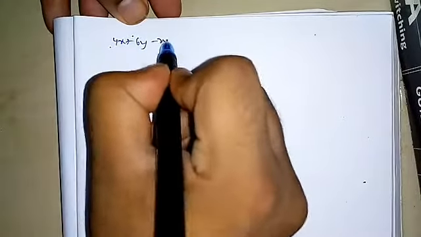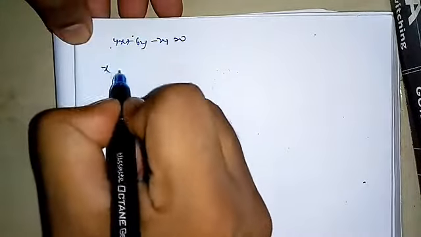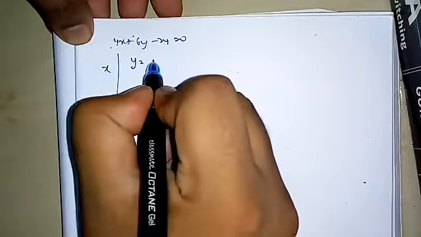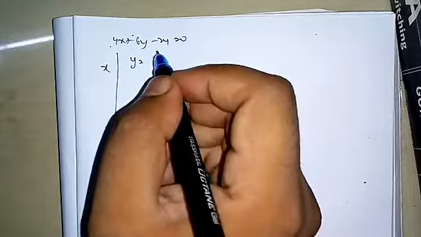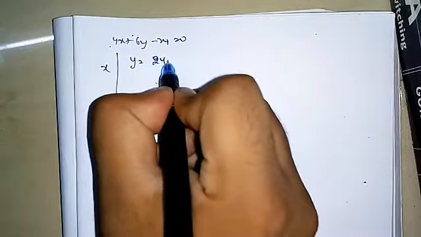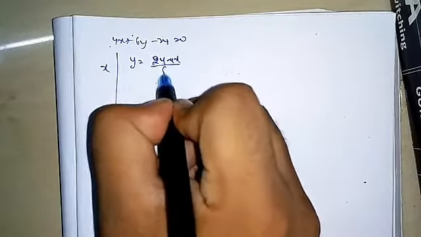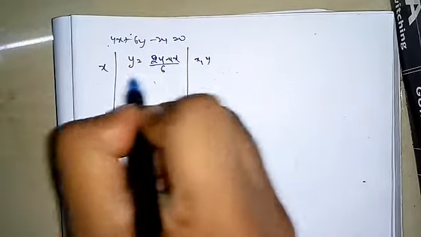So let's plot this graphically. First equation is 4x plus 6y minus 24 is equal to 0. y will be equal to 24 minus 4x by 6. X comma y.